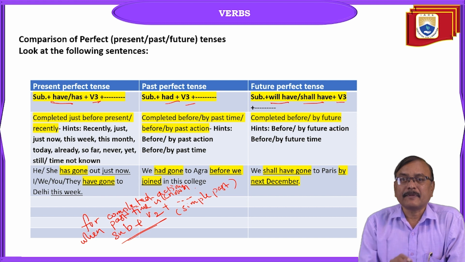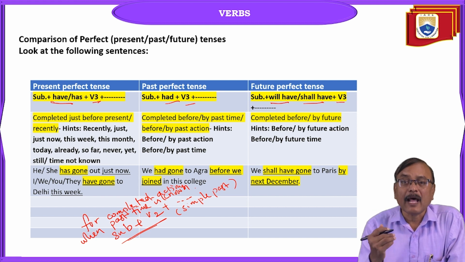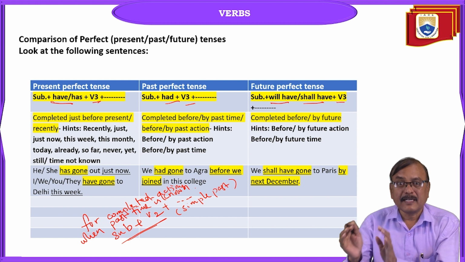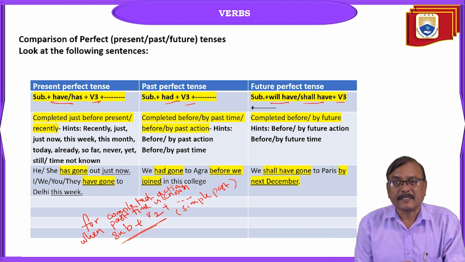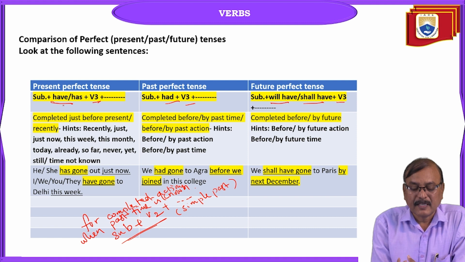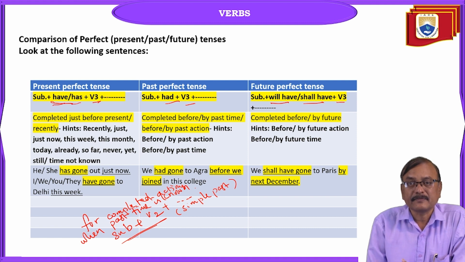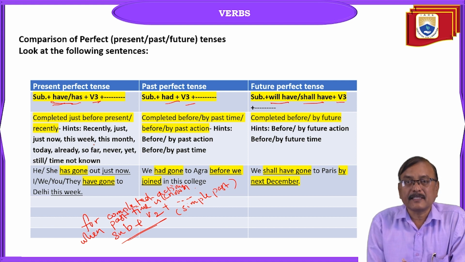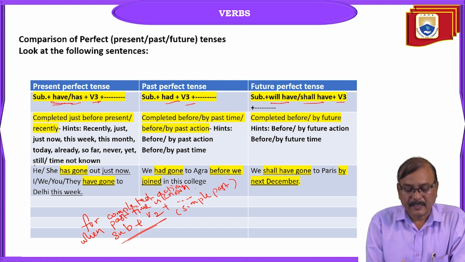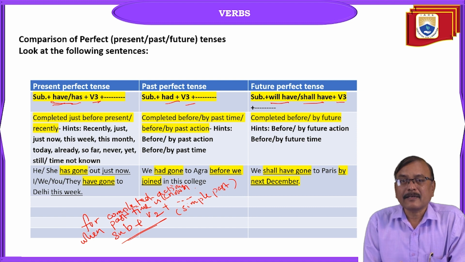But for the same completed actions, if past time is not given and not known, but the result of the action is still felt at present, for such actions we use present perfect tense, have or has plus V3, okay. Hints: recently, just now, this week, this month, today, already, so far, never, yet, still, okay, time not known.